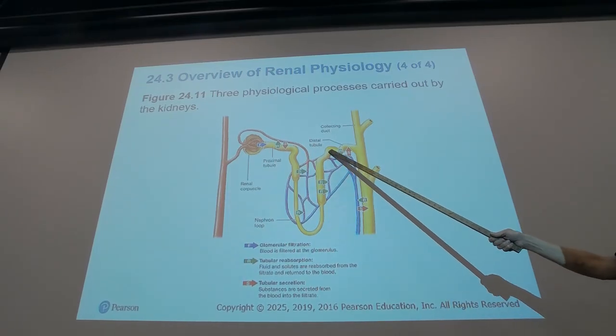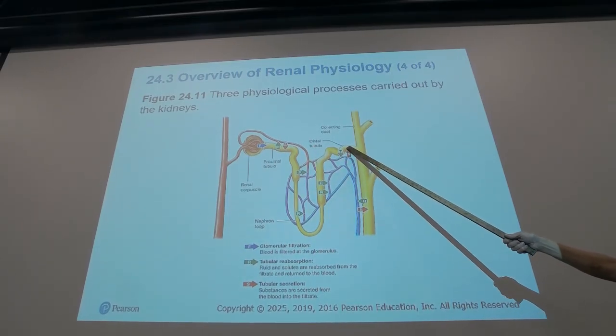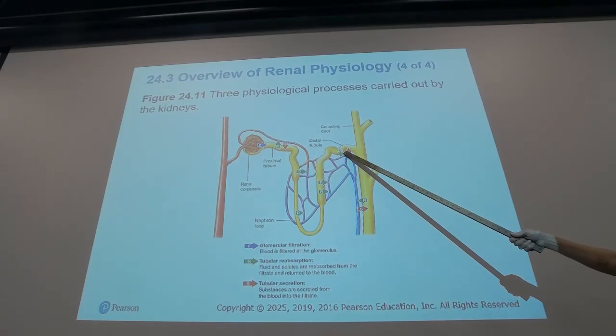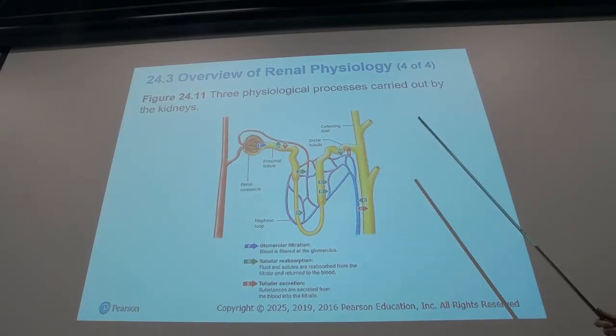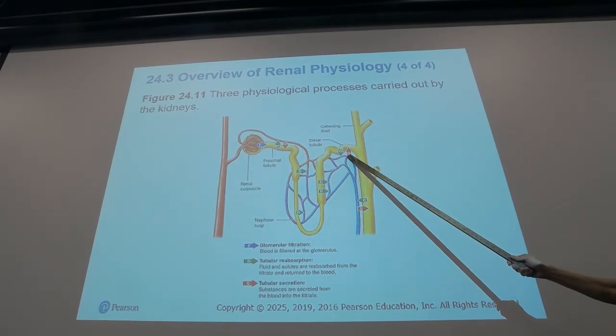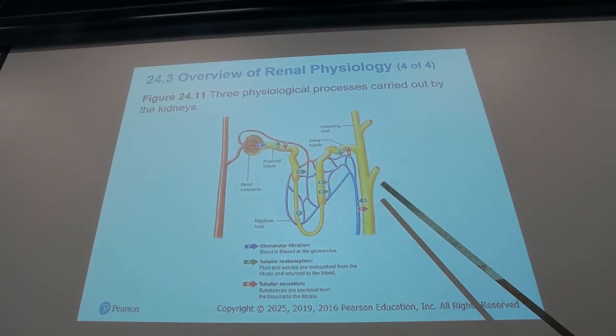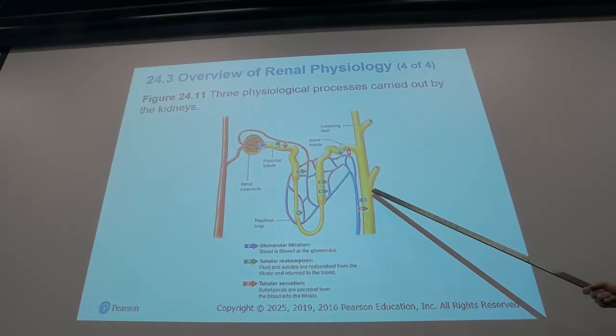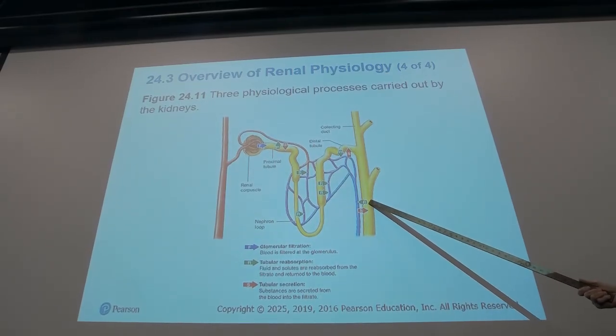And then in the distal tubule, we also reabsorb because we have microvilli, and we can secrete both in the PCT and the DCT, as well as in the collecting duct. And as well, we can reabsorb in here.